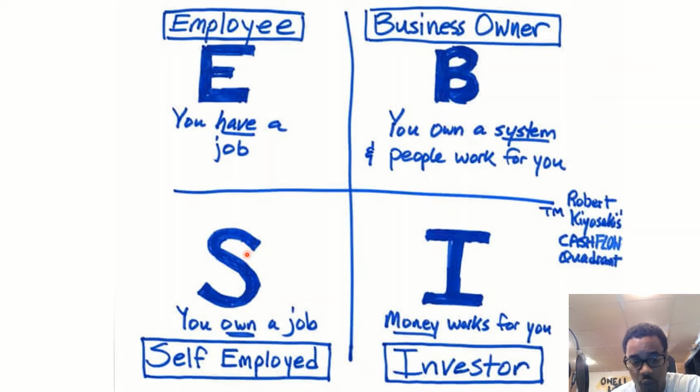Now again, it's not a bad thing. There's a lot of successful people that are self-employed, but at the end of the day, they have to do the work, or train someone to do the work for them, in order for money to be made.